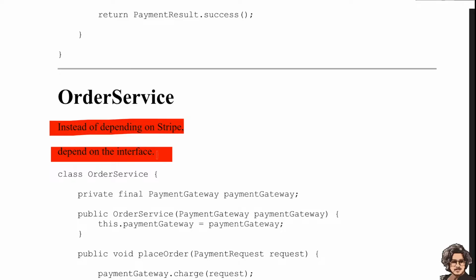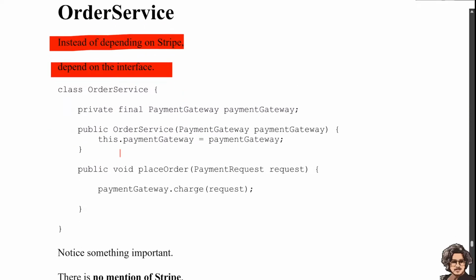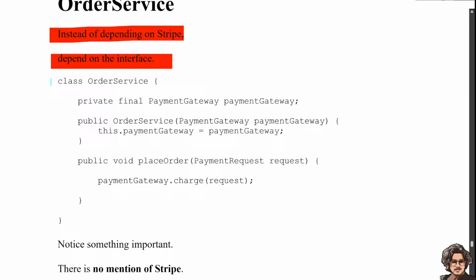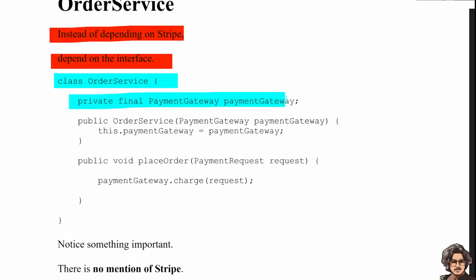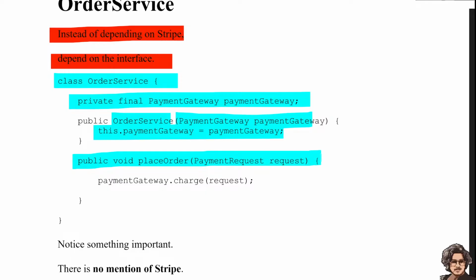How does the OrderService look? In class OrderService, we have a private final PaymentGateway. In the public OrderService constructor, we pass the PaymentGateway and assign it. Then in public void placeOrder, we call paymentGateway.charge(request).